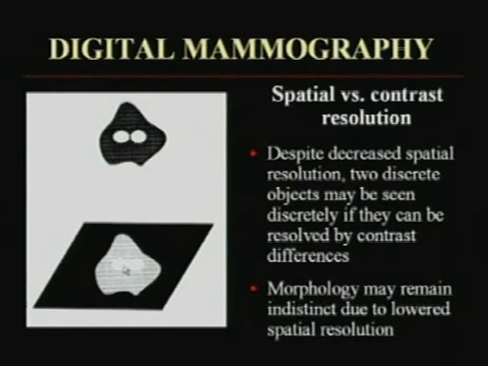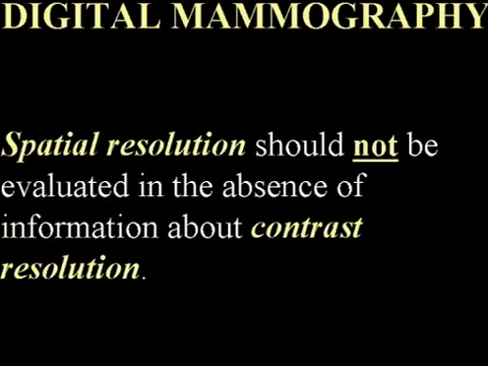Yes, they may not be 100% resolved with respect to each other because of the limitations of the spatial resolution, but I will see them and be able to initiate that workup. This is essentially what our currently available mammographic systems do. So spatial resolution cannot be evaluated in the absence of information about the system's contrast resolution.